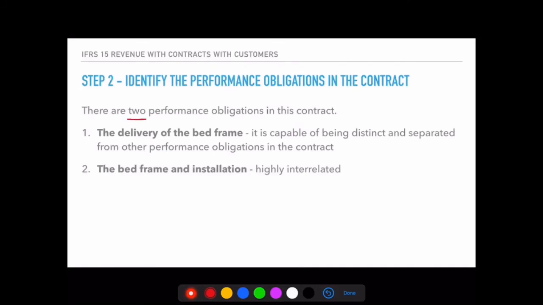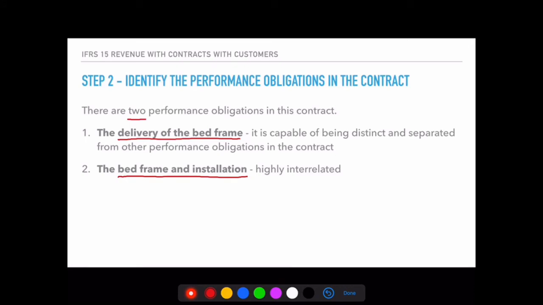The first one comes from a delivery service of the bed frame because it's distinct. It's a service that can be provided separately and it's separately identifiable from other promises in the contract because ABC Limited can provide the bed frame without the delivery service. The second performance obligation is the bed frame and installation.